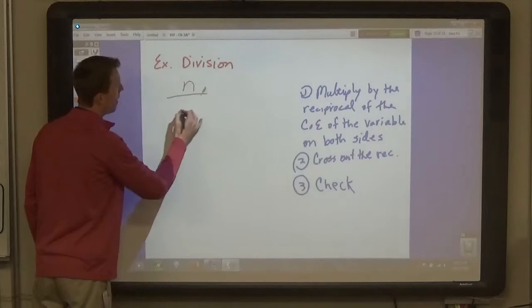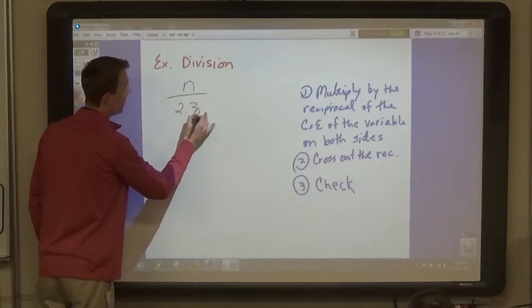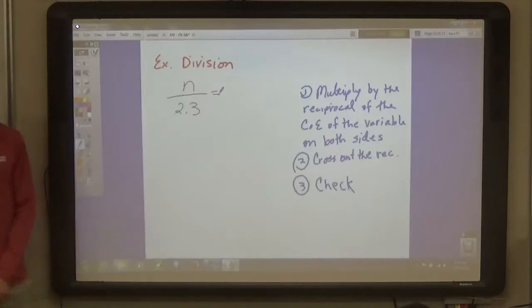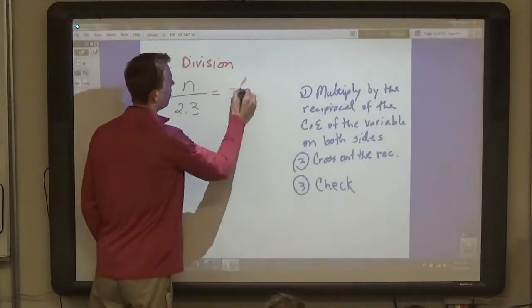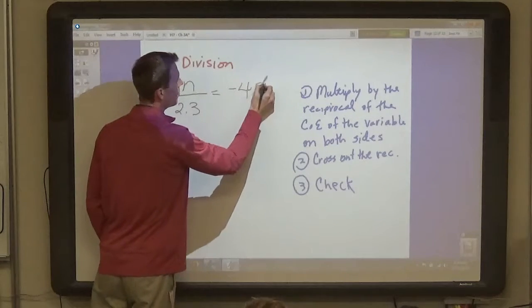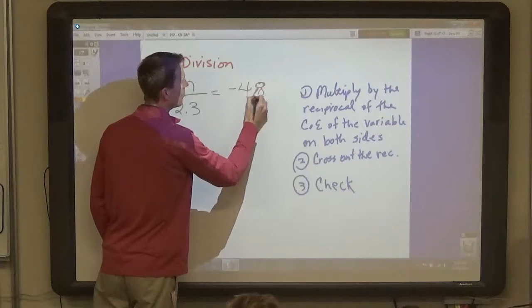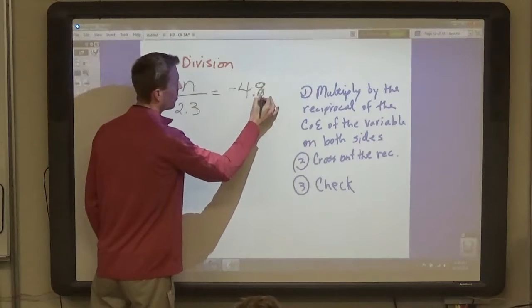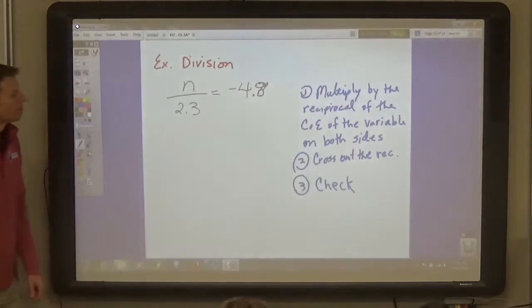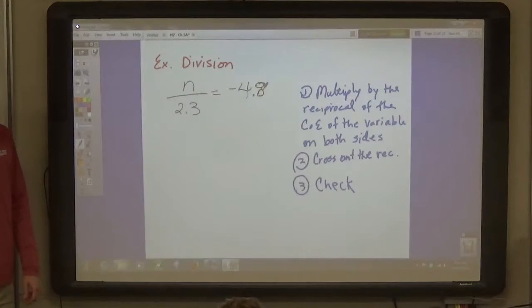n divided by 2.3 is equal to negative 4.8. Yep, write this down in your notes.